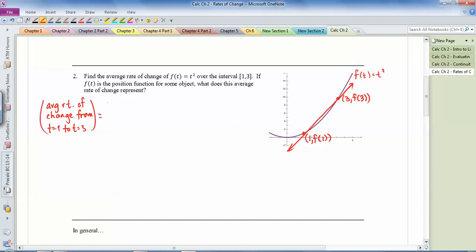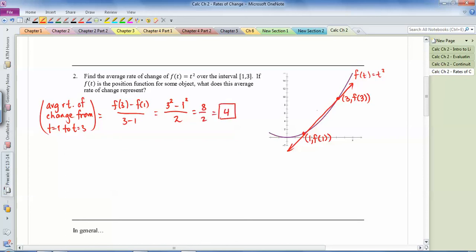So that equals the slope of this secant line, which is f of 3 minus f of 1 over 3 minus 1. F of 3 is really just 3 squared, and f of 1 is 1 squared, over 3 minus 1, which is 2. So that's going to be 8 over 2, which is 4.